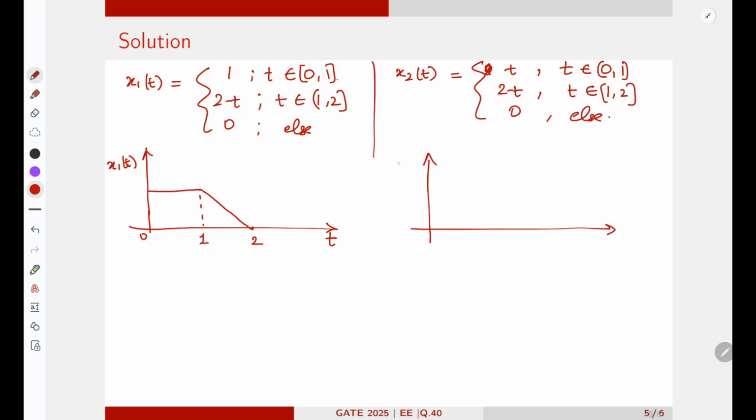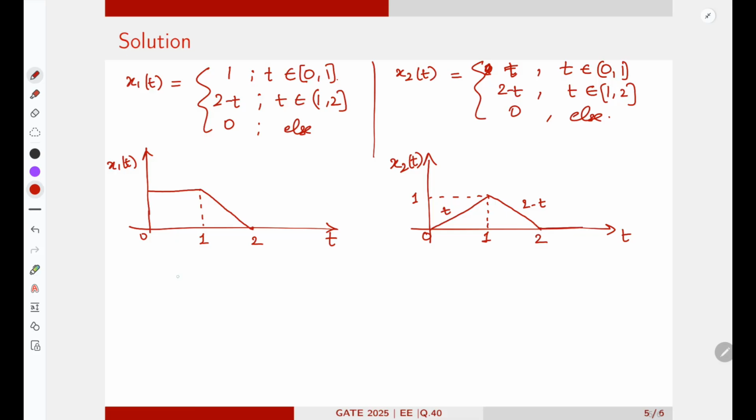In the interval 0 to 1, it is the function t, which is a linear curve, and then this is 1, and from the interval 1 to 2 you have the function 2 minus t. So this is t and this is 2 minus t, and 0 elsewhere.